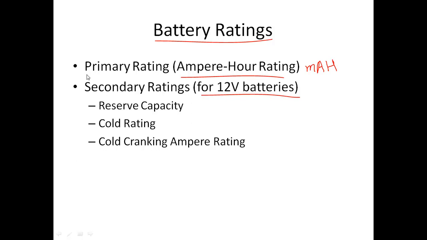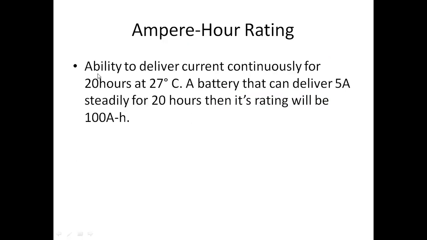We'll take up the primary rating. So the definition is the ability to deliver current continuously for 20 hours at 27 degrees centigrade. Here in the example, if we have a 100 ampere hour battery, and we are drawing 1 ampere current from this battery, it will last for 100 hours.